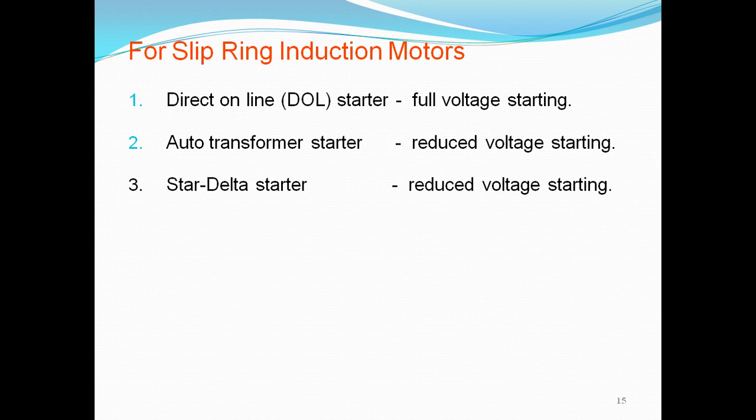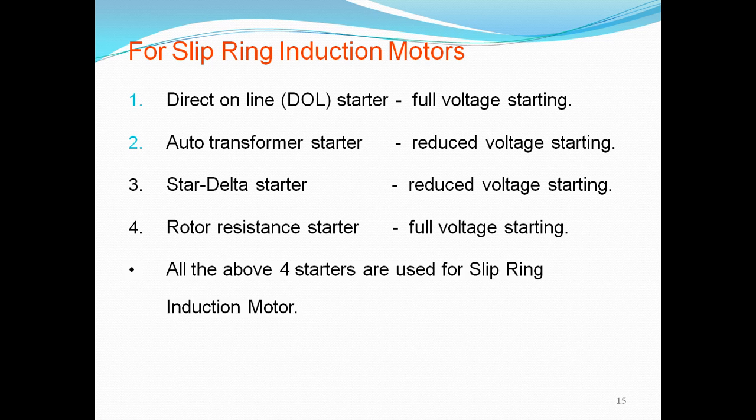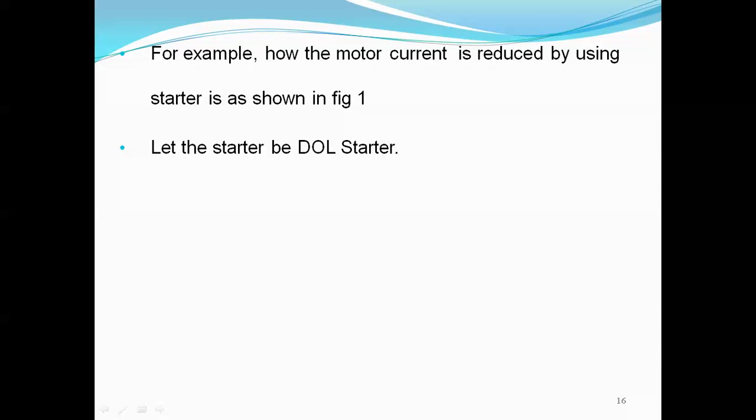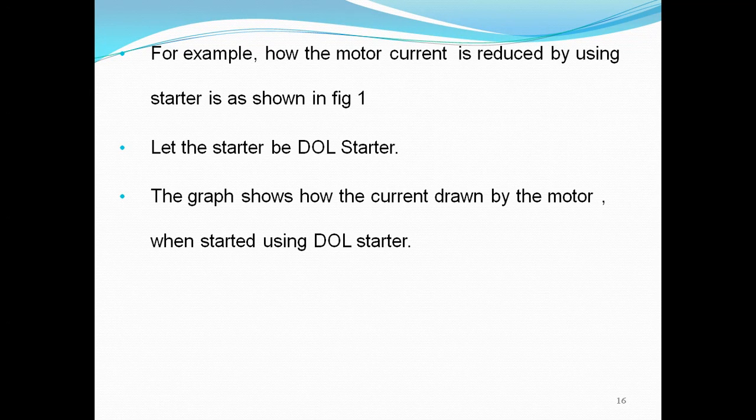The next one is the star delta starter. Here also we apply reduced voltage. The next one is the rotor resistance starter. So all the above four starters are used for the slip ring induction motor.